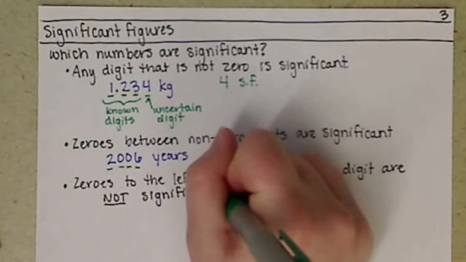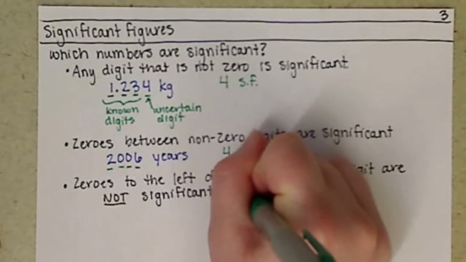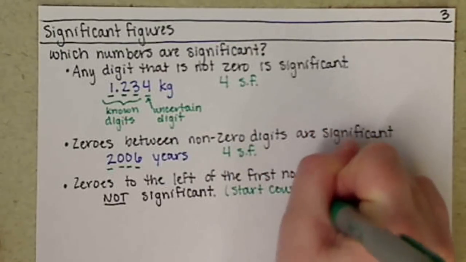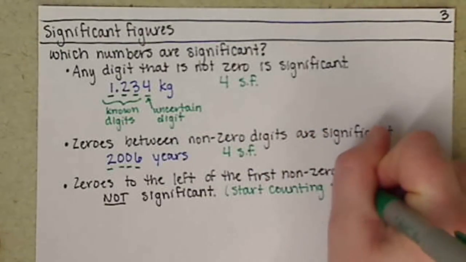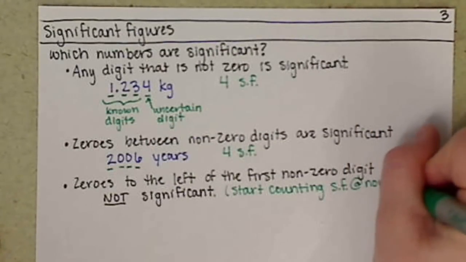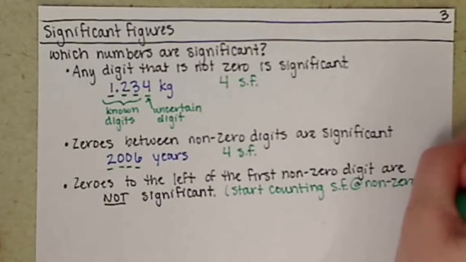So in other words, you want to start counting sig figs at a non-zero digit.